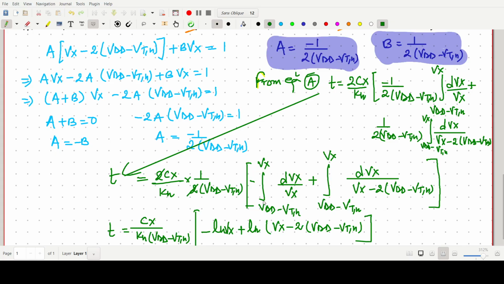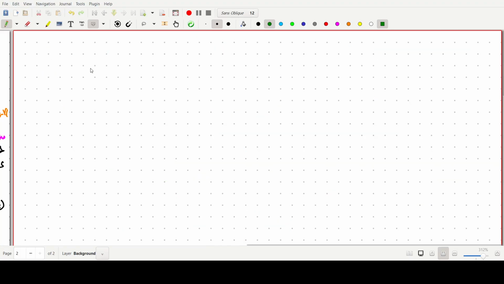Both having the same limit, so I am just putting the limit here. We can write it like this also, by integral property. So this one is the t expression, the time expression we have already written. In the next page we will write the time expression that we observed.